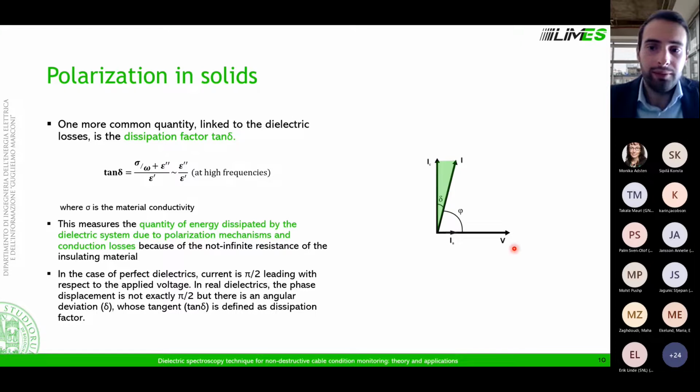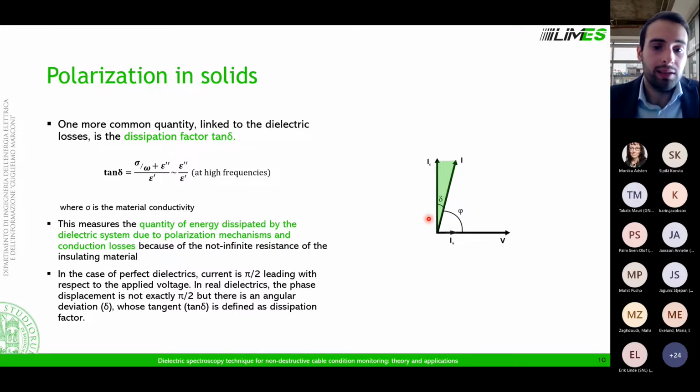The tangent delta can also be drawn in a phase graph, where for perfect dielectrics we expect the current to lead the applied voltage by an angle of 90 degrees. In real conditions, for real dielectrics, this does not occur, because we have this little angle here, the angular deviation from 90 degrees, which is delta, whose tangent, the tangent delta, represents the dissipation factor.